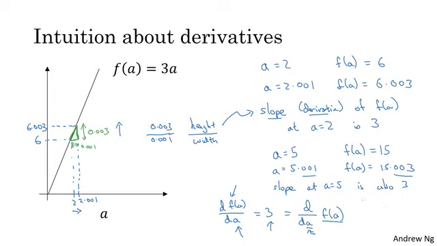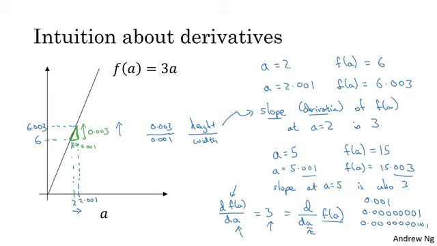Now, for this video, I explained derivatives by talking about what happens if we nudge the variable a by 0.001. If you want the formal mathematical definition of derivatives, derivatives are defined with an even smaller value of how much you nudge a to the right. So it's not 0.001, it's not 0.00001, it's not 0.000001, and so on. It's even smaller than that.